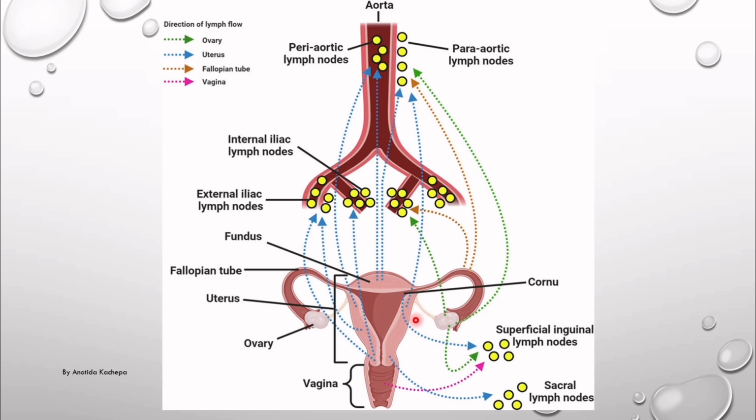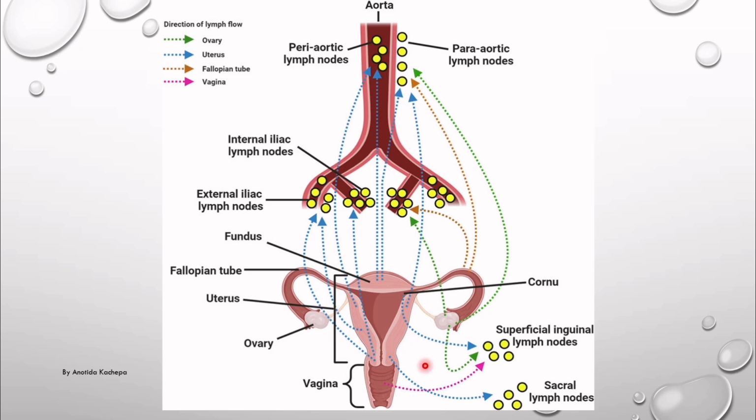Then it will follow the round ligament to the superficial inguinal nodes. Then the uterus: we have the fundus, the body and the cervix. The fundus will drain into the para-aortic lymph nodes. Then the body and the cervix will drain into the internal and external iliac lymph nodes.